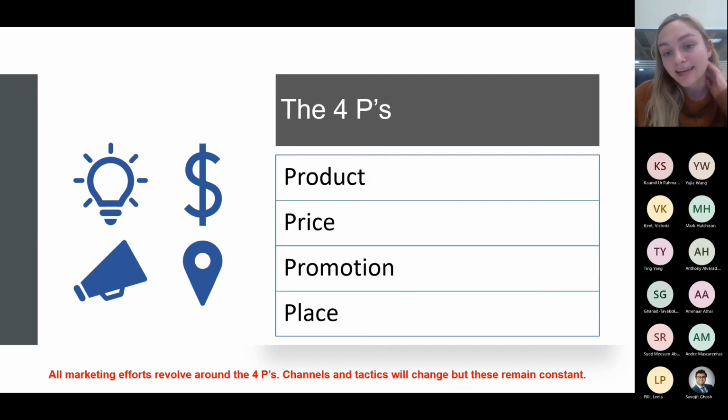The next thing is your price. So obviously, how much will it cost? But also, you need to do things like conducting market research to determine what your cost to produce is versus what people are willing to pay.